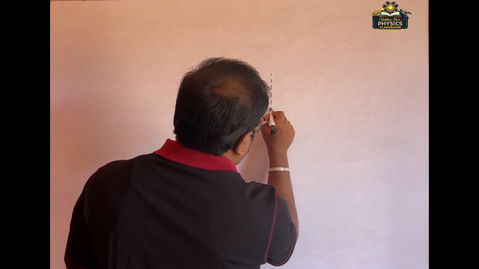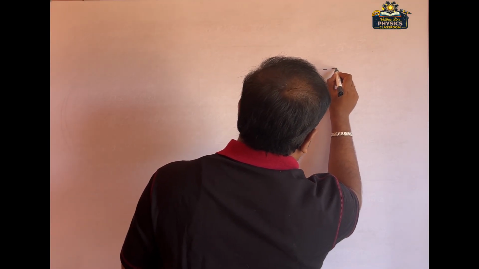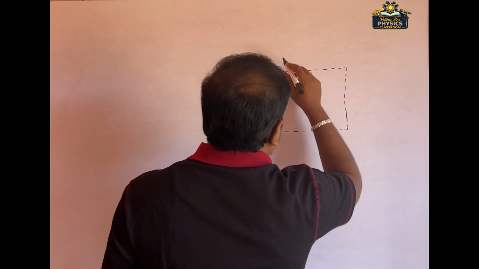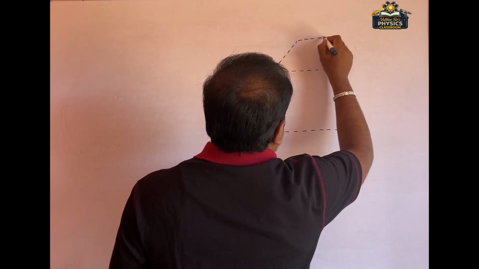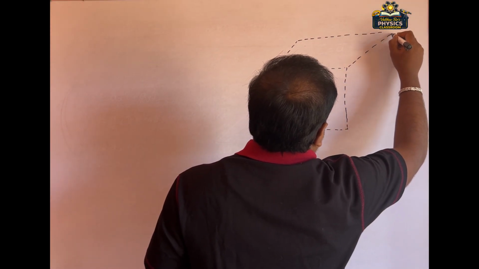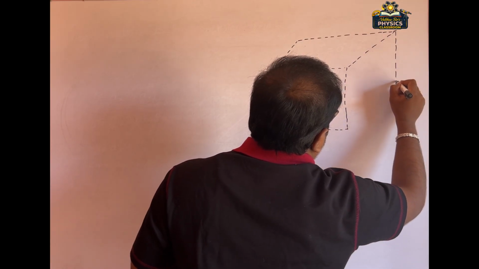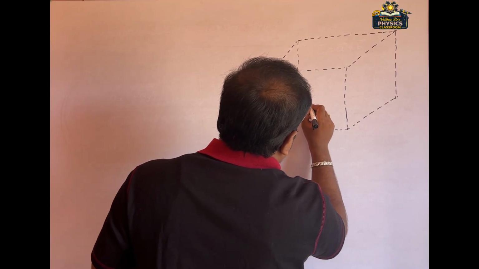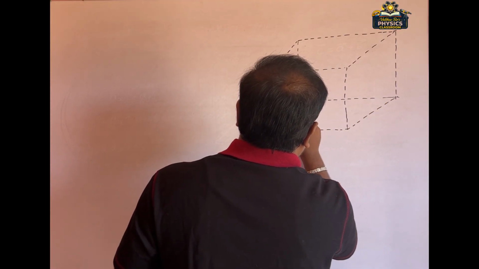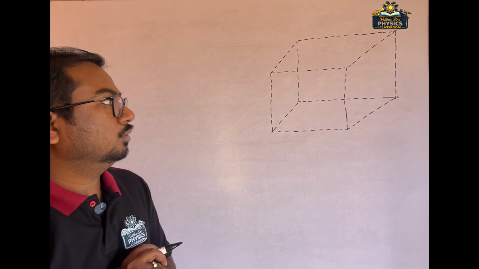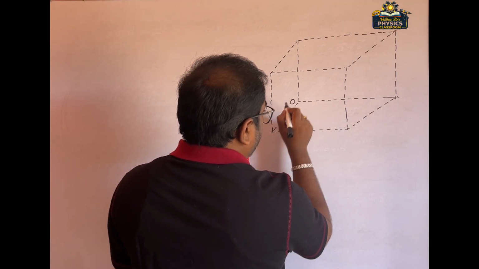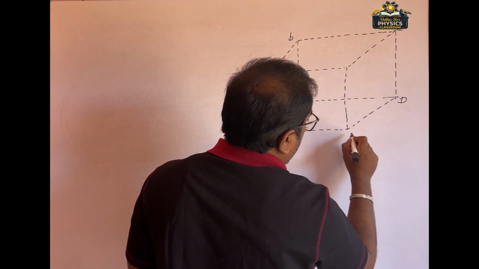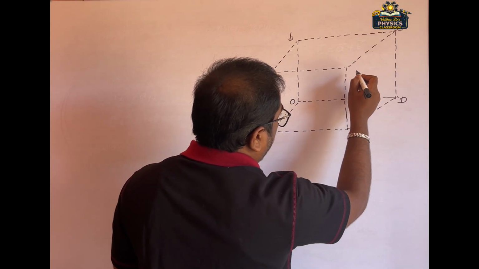Again I am drawing a cube so we can easily understand. This is the origin. Alright. A, B, C, D, E, F, and the point.